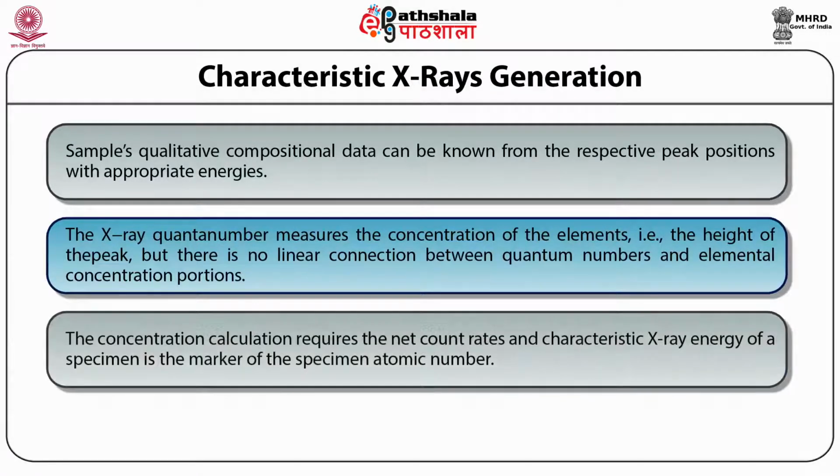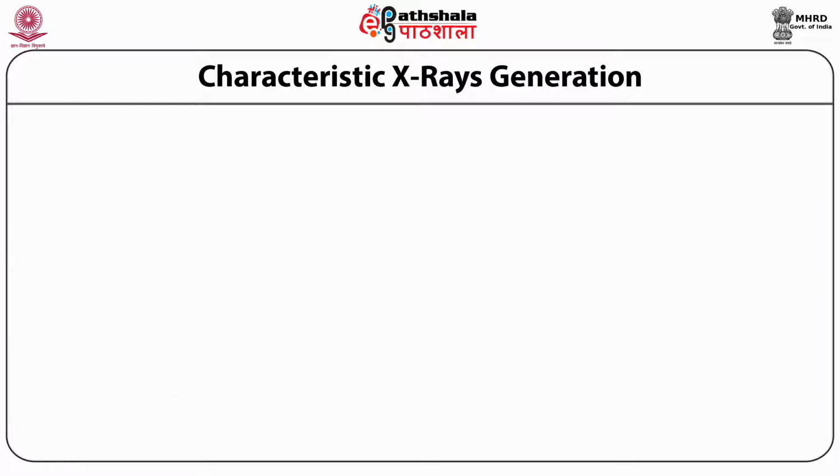The concentration calculation requires the net count rates, and the characteristic X-ray energy of a specimen is the marker of the specimen atomic number. We next discuss the instrumentation of the EDX.